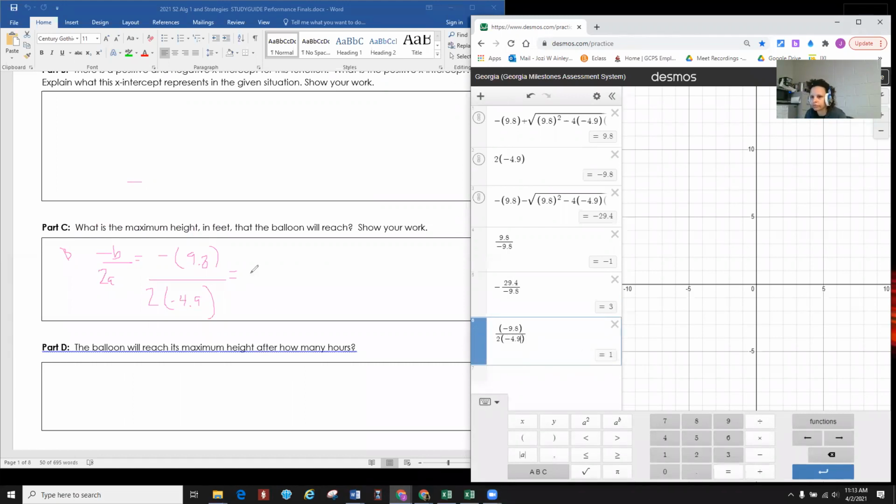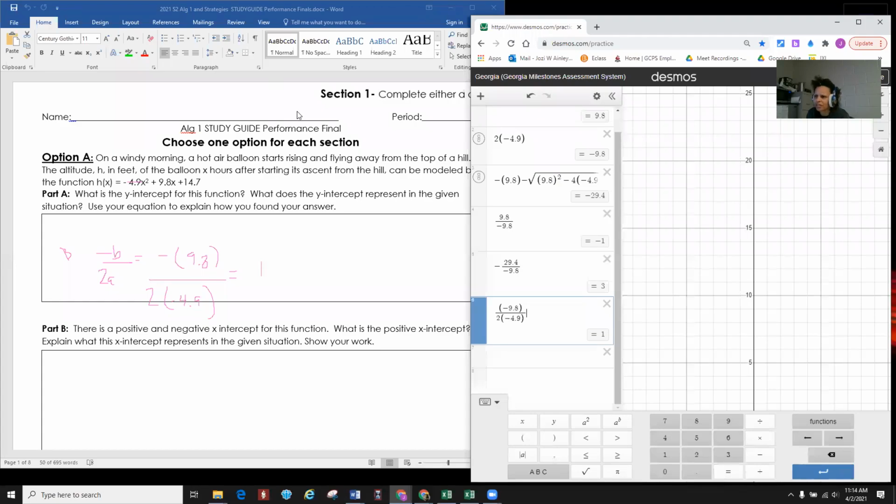So that gives 1. Actually, that's not right. Oh, I'm just not finished. That's what it is. So this is your X value.